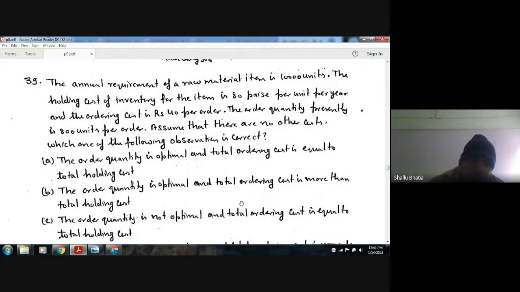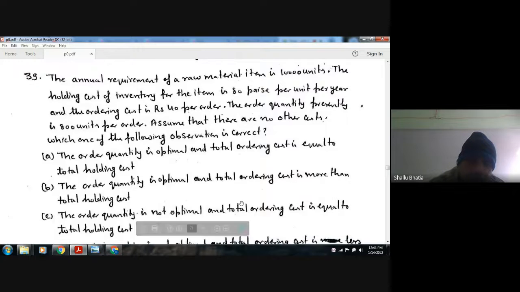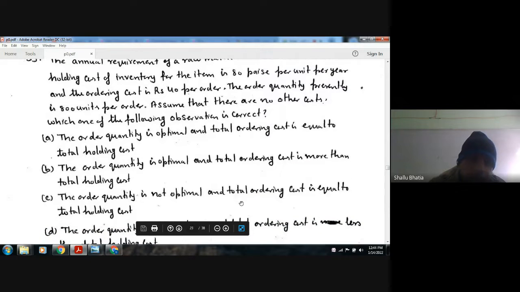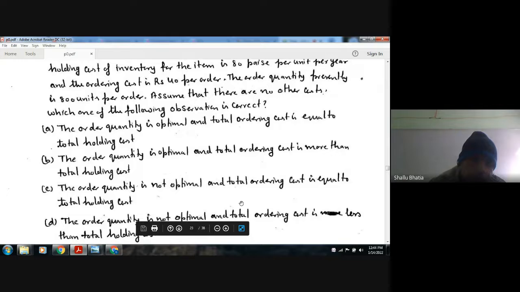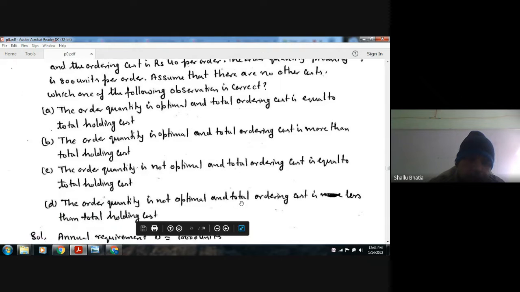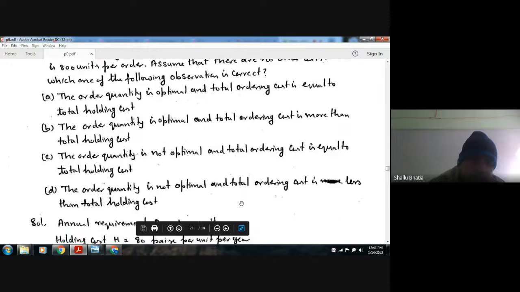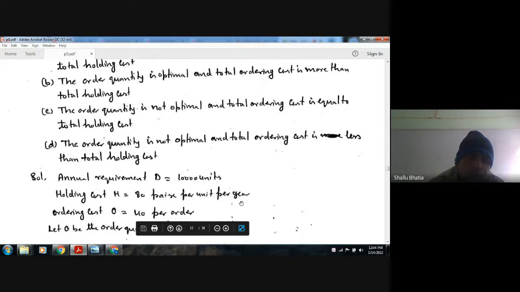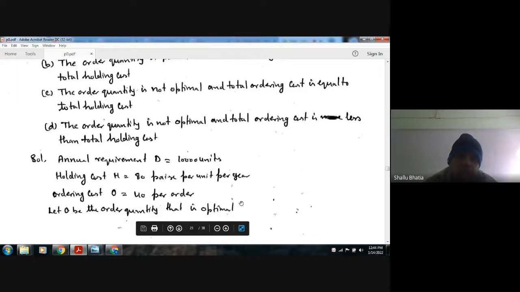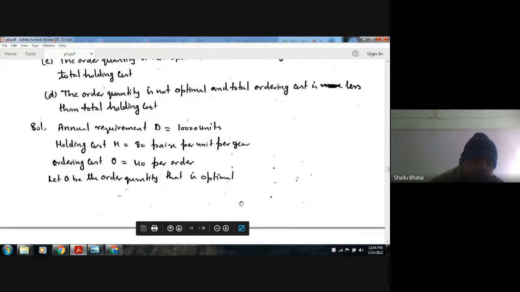Which one of the following statements is correct? Option A, order quantity is optimal and total ordering cost is equal to total holding cost. B, the order quantity is optimal and total ordering cost is more than the total holding cost. C, the order quantity is not optimal and total ordering cost is equal to total holding cost. D, the order quantity is not optimal and total ordering cost is less than holding cost.